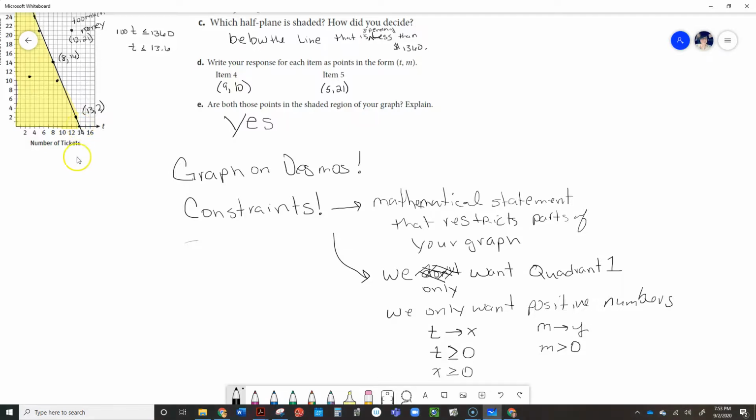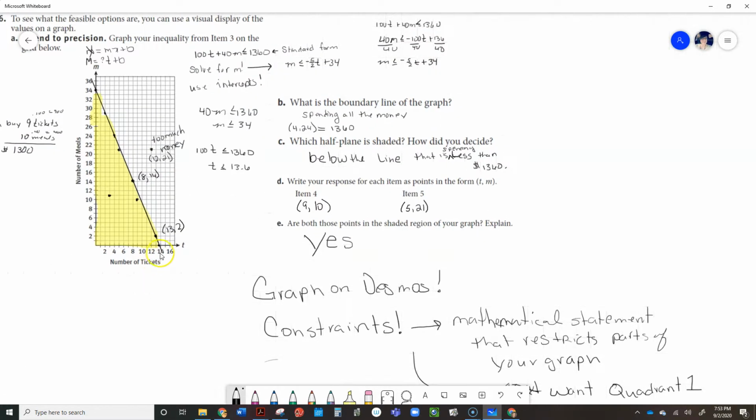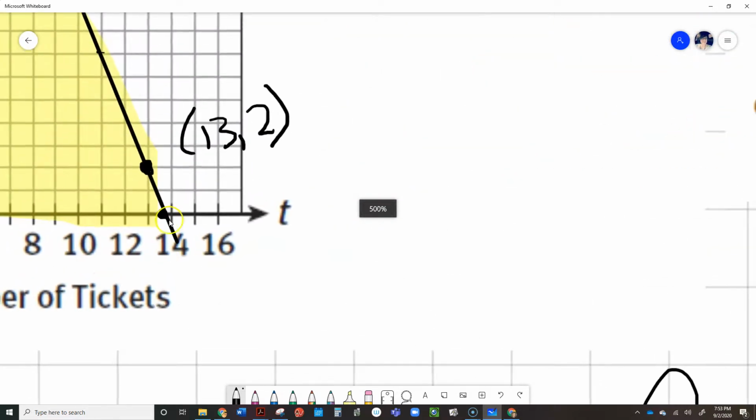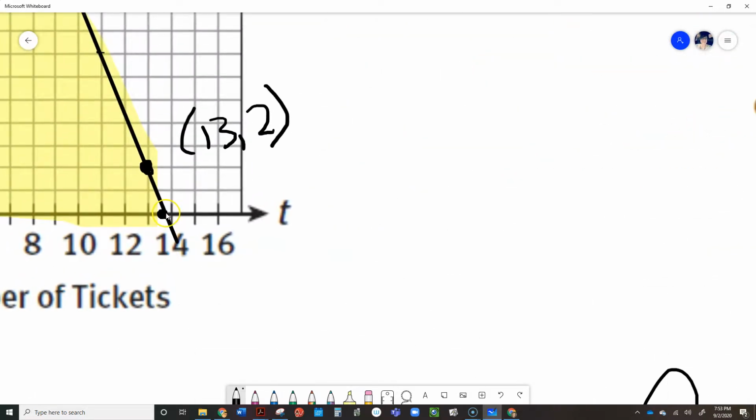Now, it wouldn't make that much difference to me if you put the bar underneath it. But Springboard is saying no, don't put the bar underneath it. The reason is that when you're actually on the t-axis, this value right here is 13.6. So you would have 13.6 comma 0, and it's saying that this is not reasonable because it's a decimal.